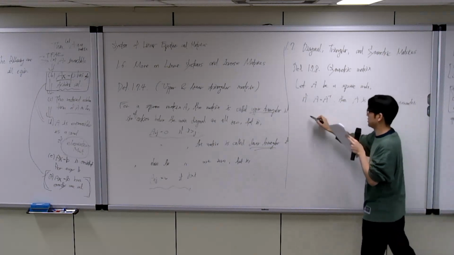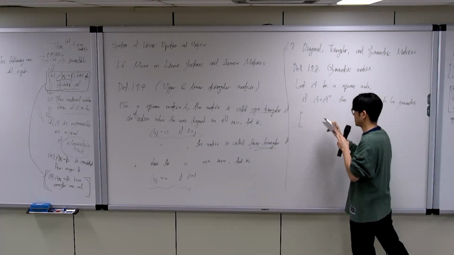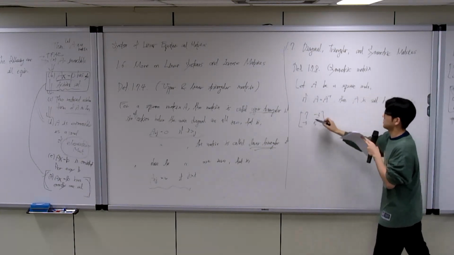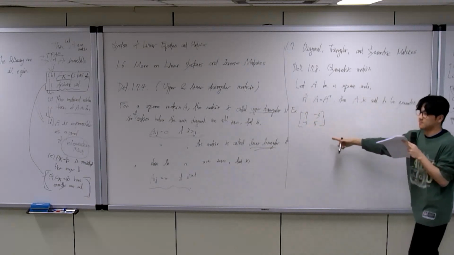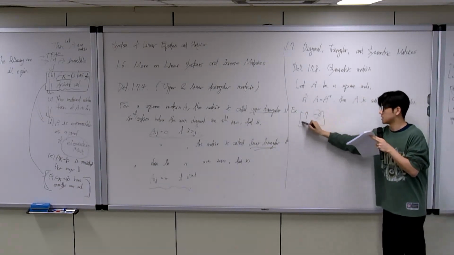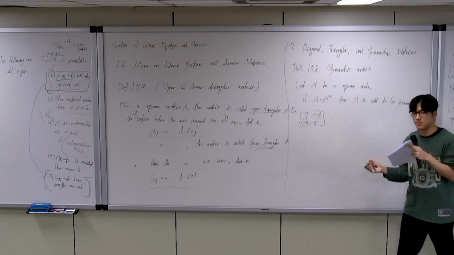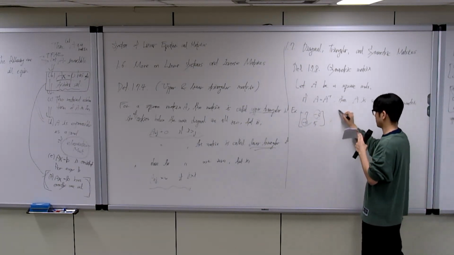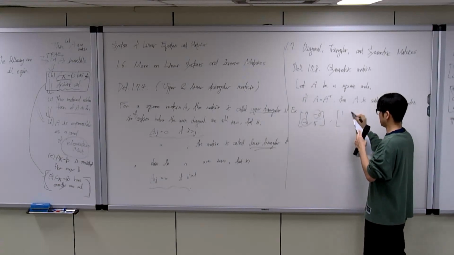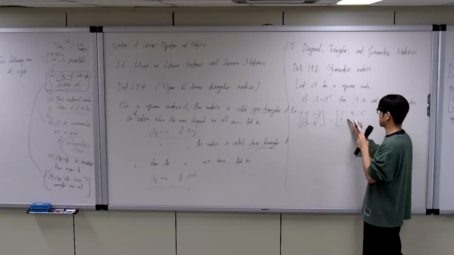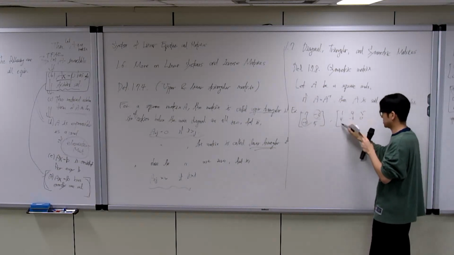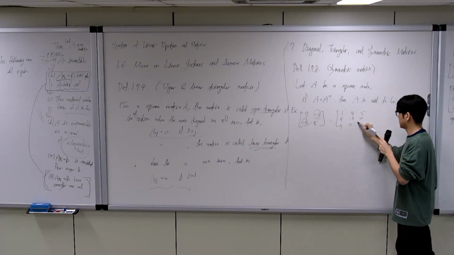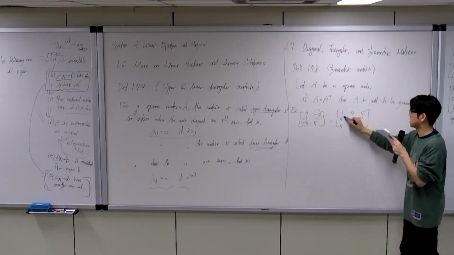And if we see an example, it looks like this form. So it has the same value of entries on each side of the transpose. So a diagonal matrix is always a symmetric matrix, like this.